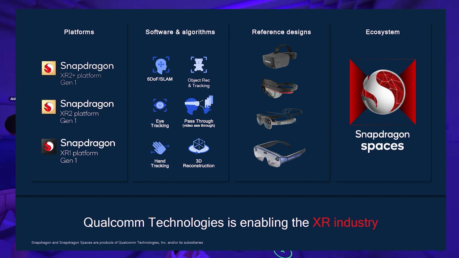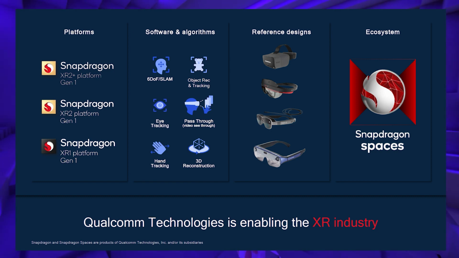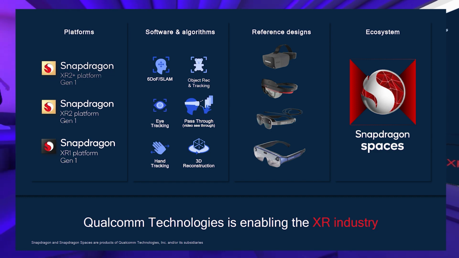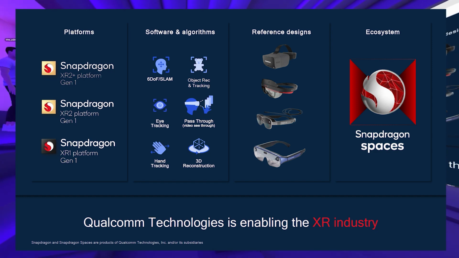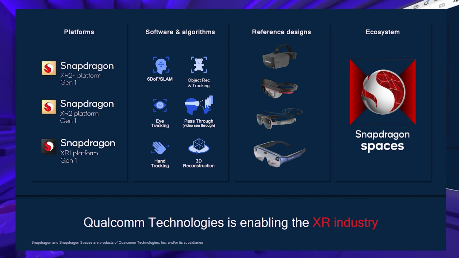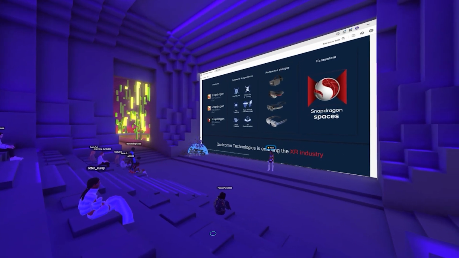We have platforms such as Snapdragon platforms, in different generations, each being better than the other. And we have developed particular algorithms for various XR related applications, such as object tracking, eye tracking movements while you're wearing these head glasses, and hand tracking movements, and so on.